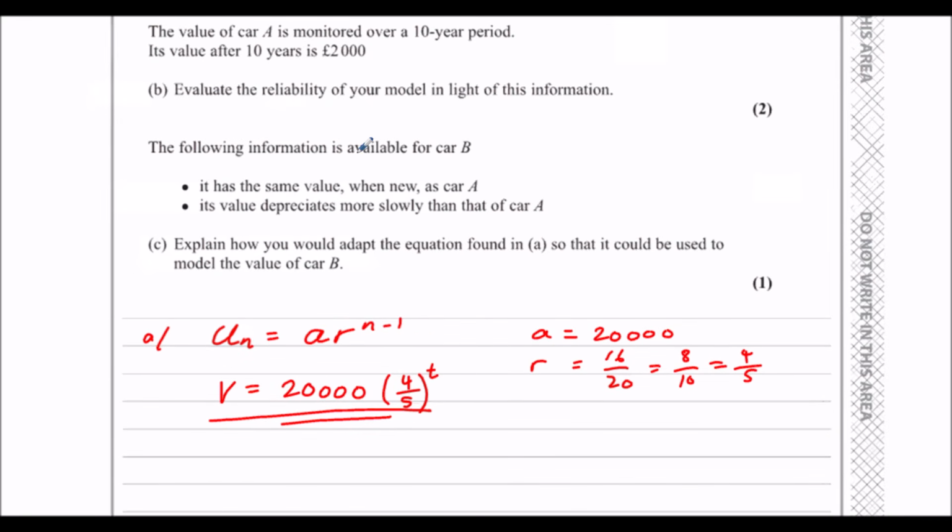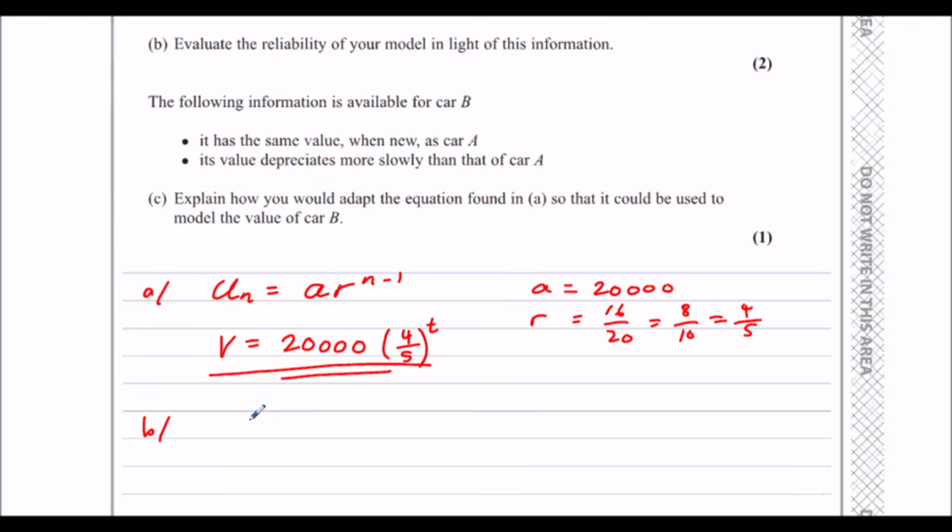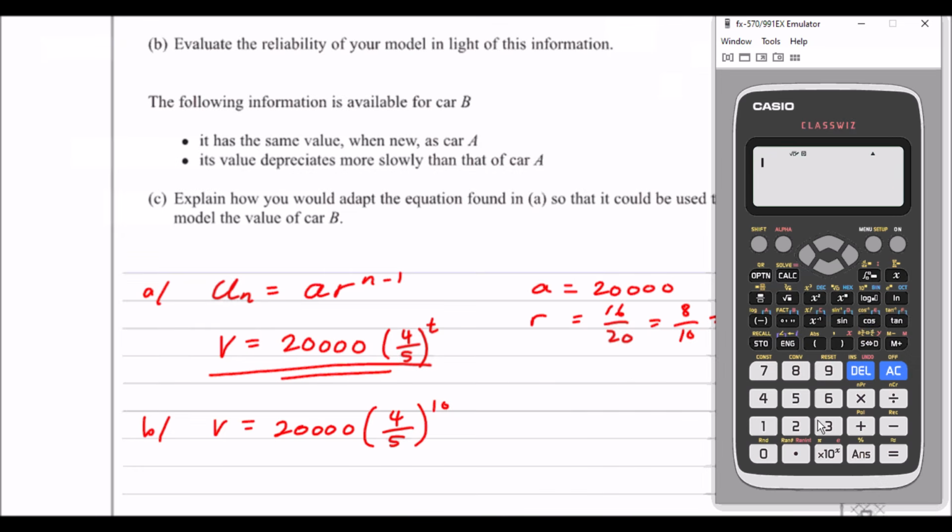Part B, the value of car A is monitored over a 10-year period. Its value after 10 years is £2,000. Evaluate the reliability of your model. So let's use our model after 10 years. So 20,000 times 4/5 to the power of 10 is £2,147.